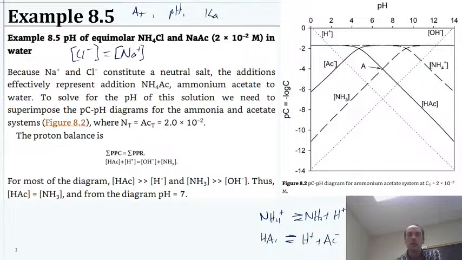And then in addition, we've got the acetate drawn here, and of course its corresponding acetic acid here. So we've got both of those drawn, and then we are given the N total, or A total, like we could say. So N total for the nitrogen, for the ammonia, equals the Ac total, which is 2 times 10 to the minus 2.